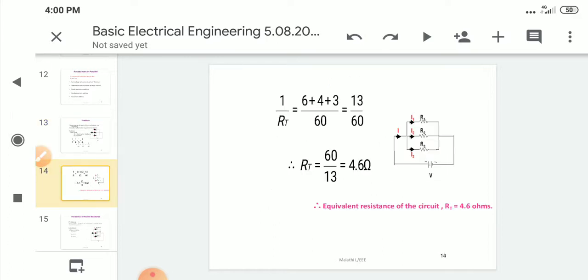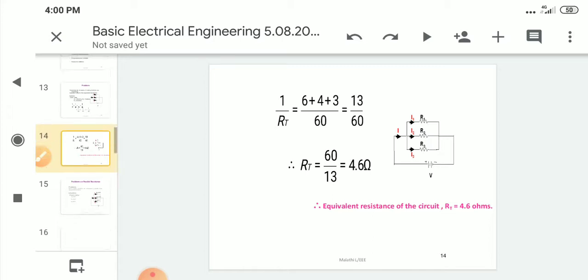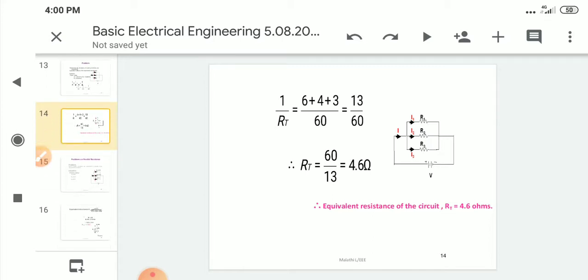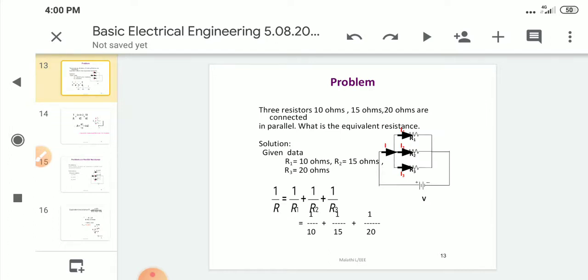So the total equivalent resistance is 4.6 ohms. This is the final answer. Here which formula did we use? We used this simple formula: 1 by R is equal to 1 by R1 plus 1 by R2 plus 1 by R3.